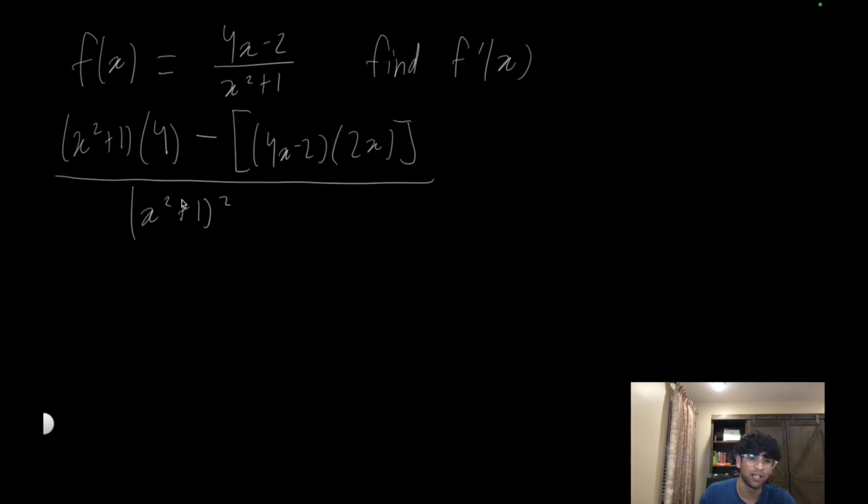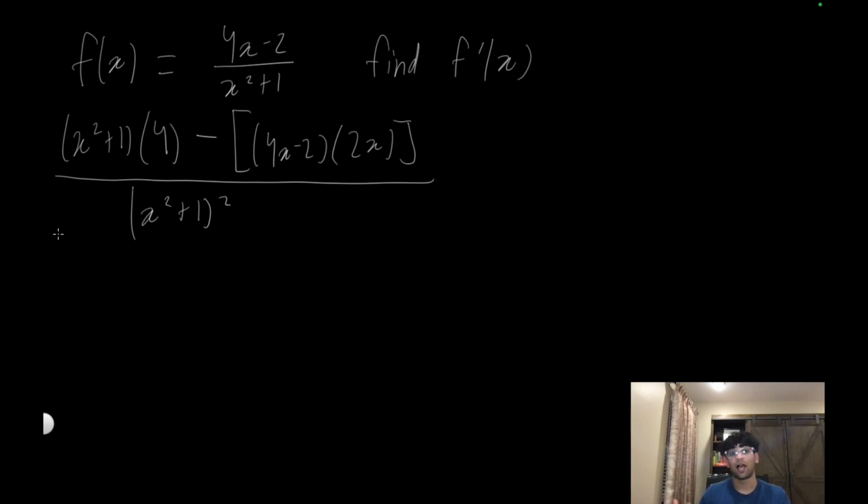Once you get familiar with using the quotient rule and you have plenty of practice, eventually you can start to ignore the bottom squared, because you don't have to keep writing it over and over again when you're simplifying your answer.